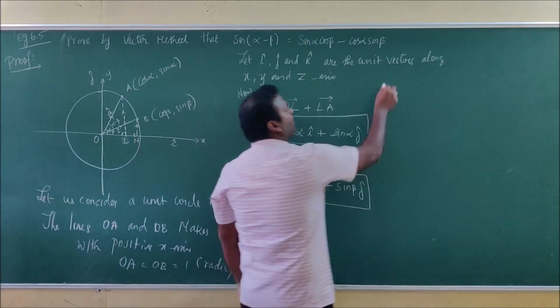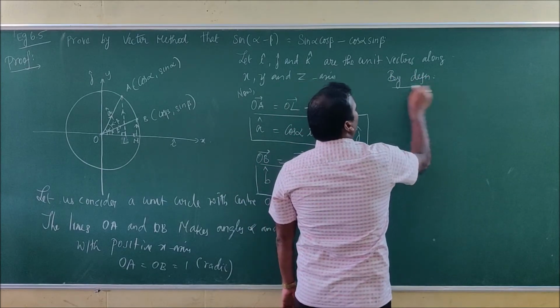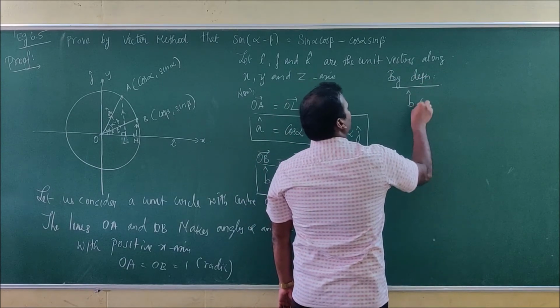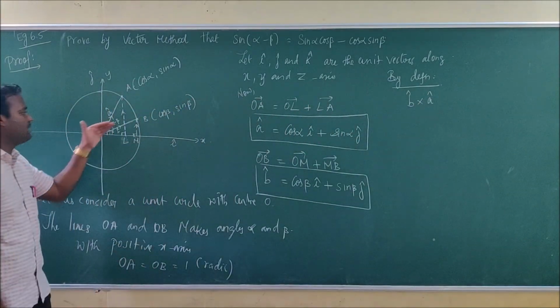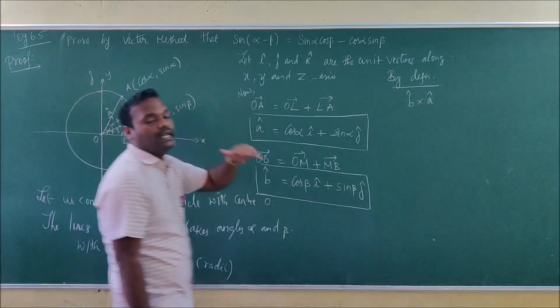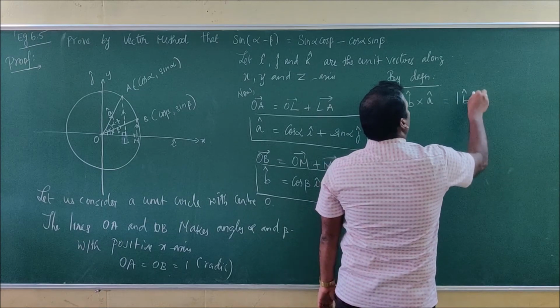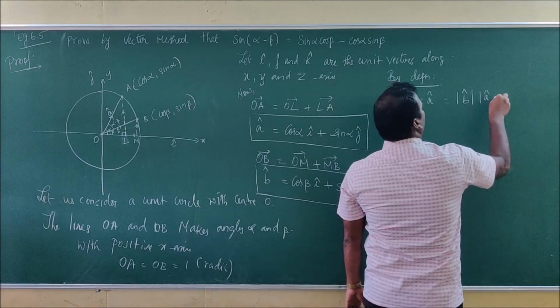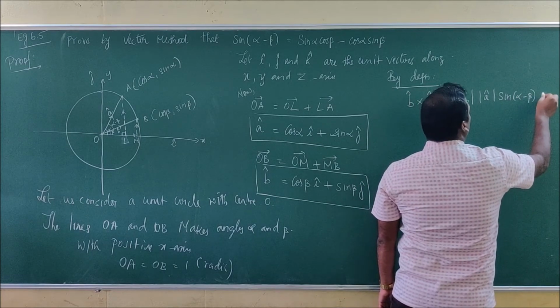Now by definition of cross product, you have to take the cross product only in this order. That is, you have to take the below vector, then the above vector. So B cap cross A cap equals modulus of B cap, modulus of A cap into sine of the angle, which is alpha minus beta.